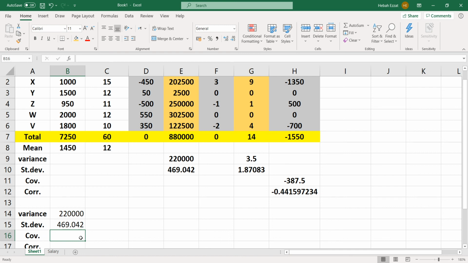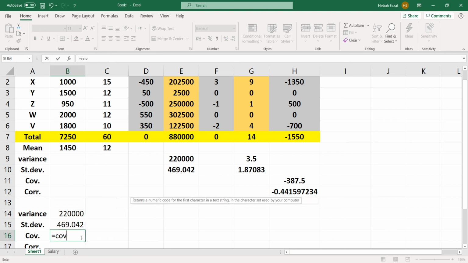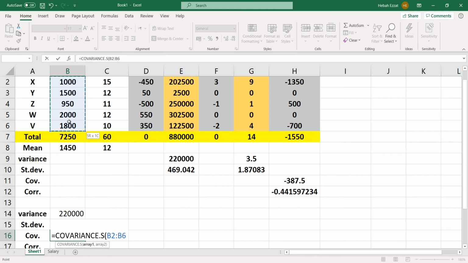To calculate the covariance, I can type the equal sign cov. We find here covariance.s, and I will select the range of the x's. Of course, it's very important that covariance is calculated to find the relationship between two variables.